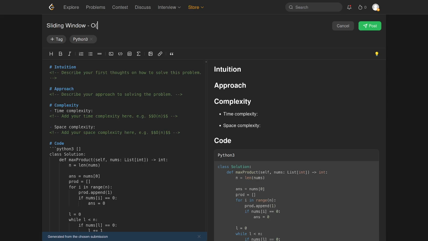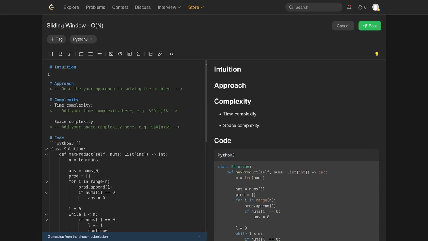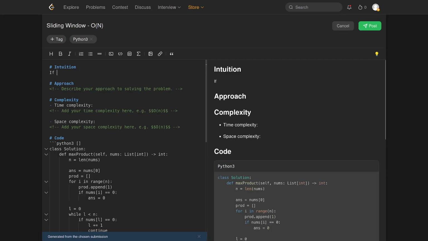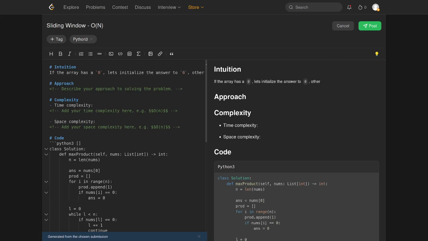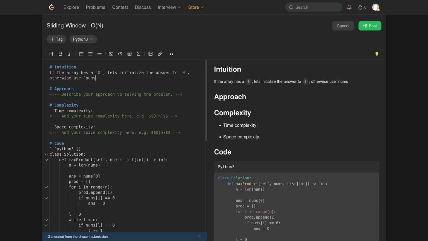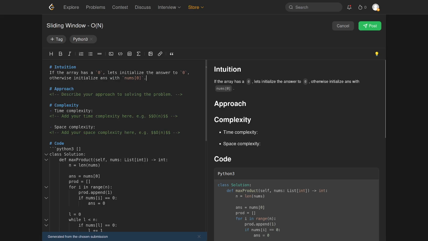Sliding window on. So if the array has a 0, let's initialize the answer to 0, otherwise use nums 0. Initialize ans with num 0.